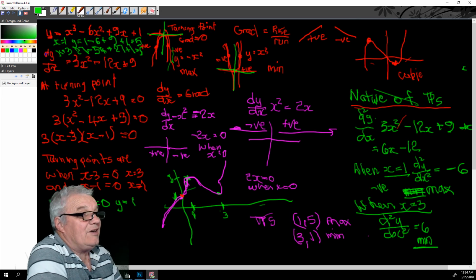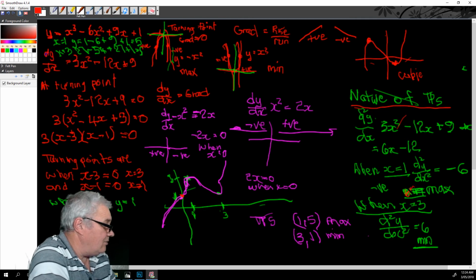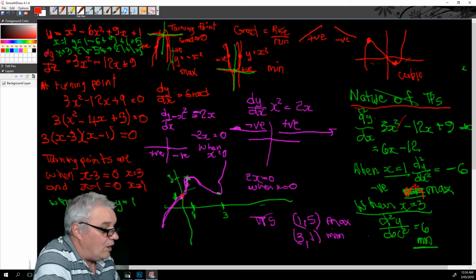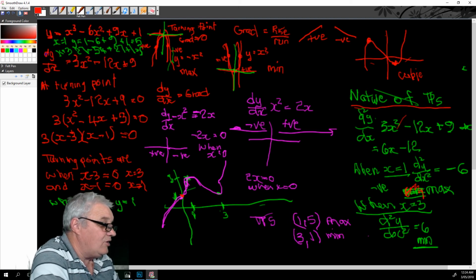I got a little bit ahead of myself there, but it is actually a maximum. And one way of looking at that is to look at what the function does. So at a maximum, it starts to go negative, and that tells us that it's going downhill, so that must be a maximum.